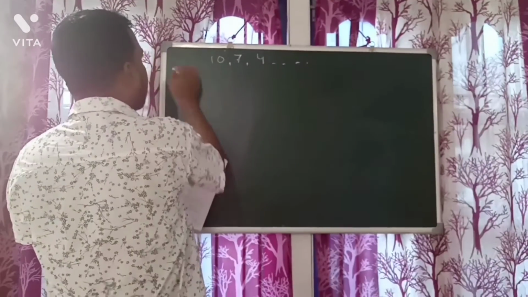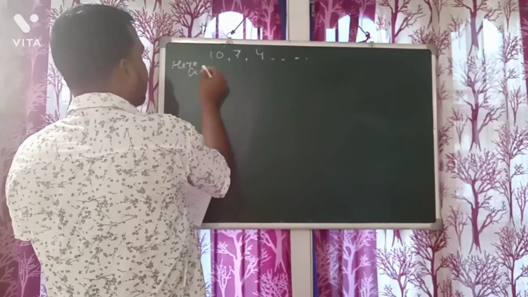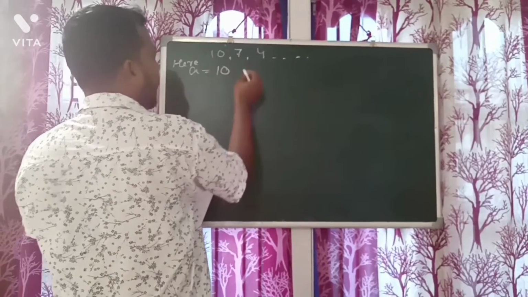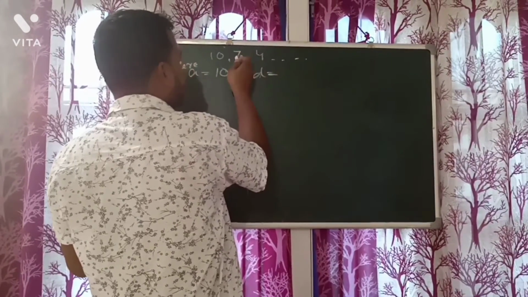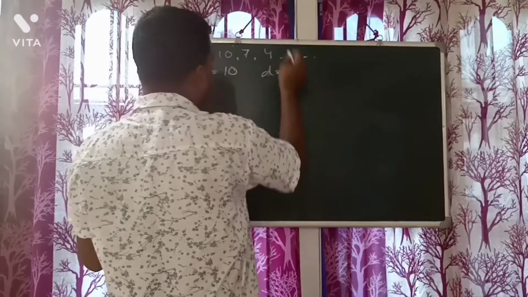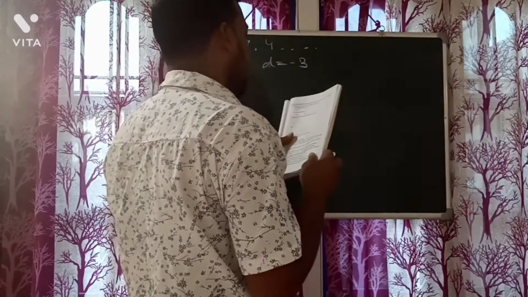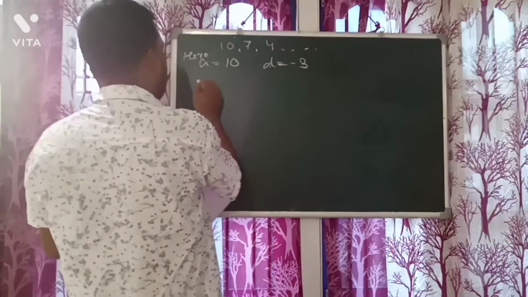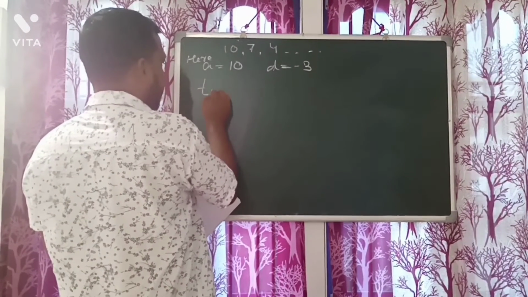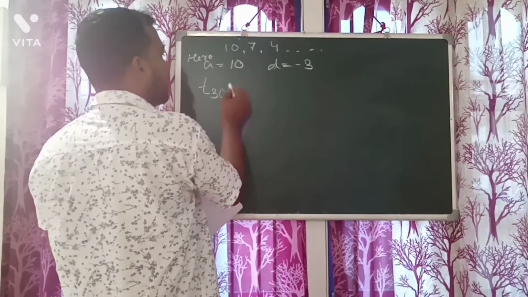Here A is equal to, first term is 10. D is equal to 7 minus 10, which is minus 3. Now we have to find what? The 30th term, that means T30. We have to find T30.